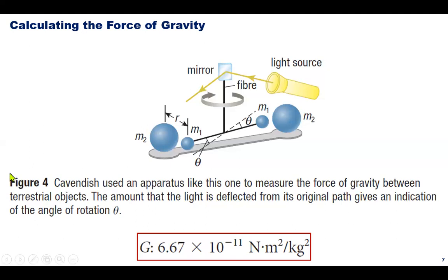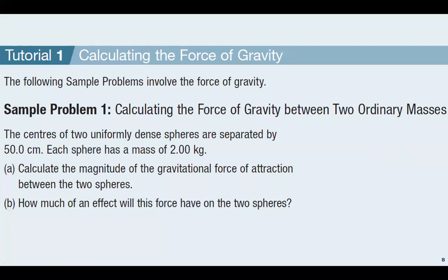Okay, next let's have a look at some sample problems which show how to calculate the force of gravity between two spherical masses, as well as how to calculate the mass of a planet body. So let's consider this sample question first.